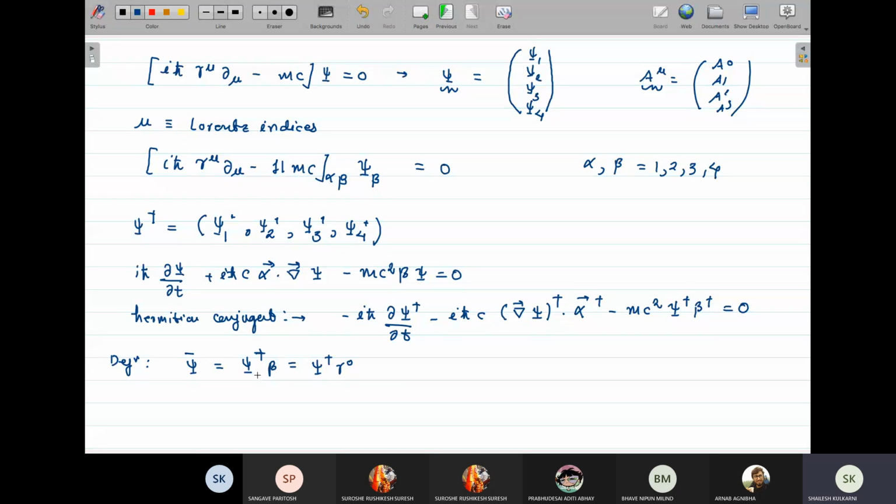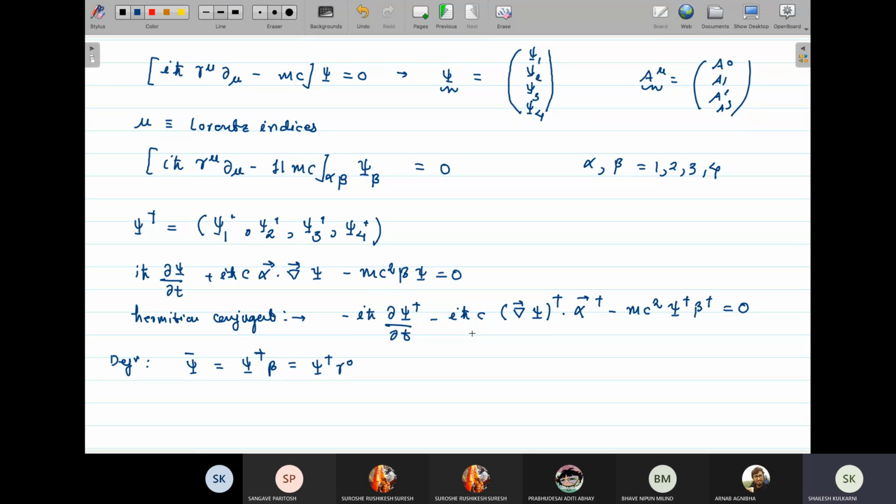Note the order. The ordering between beta and psi is important. I cannot arbitrarily place this alpha here and psi here. One has to be careful because this is a column and this is 4 cross 4, so one has to be careful in placement.